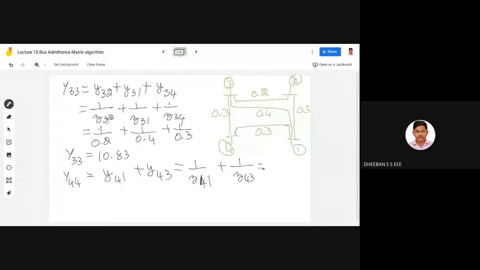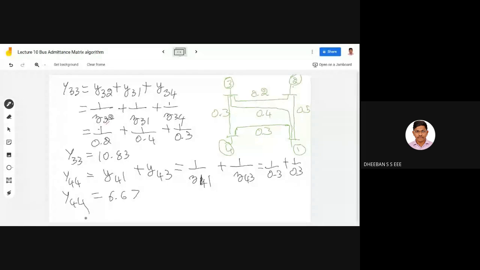So it is equal to 1 by 0.3 plus 1 by 0.3. So you'll be getting the value to be 6.667. Okay, this is your y44.